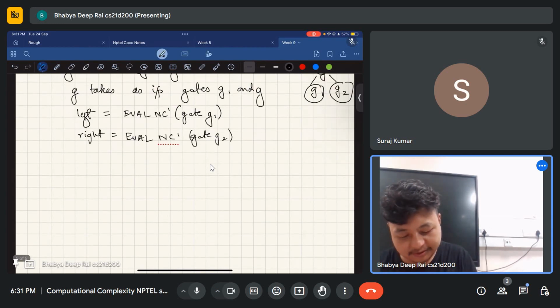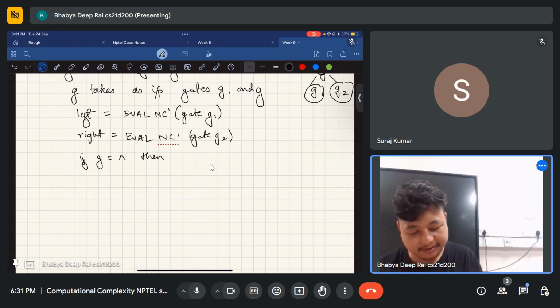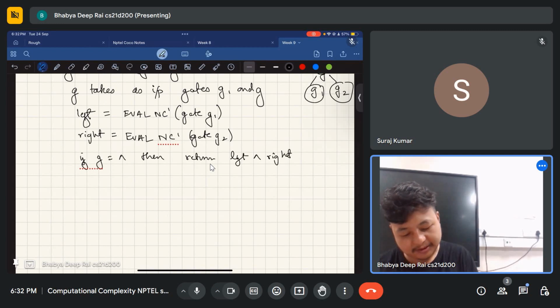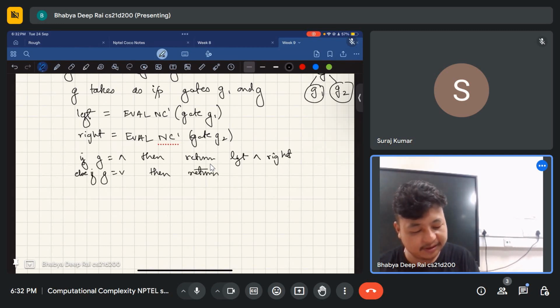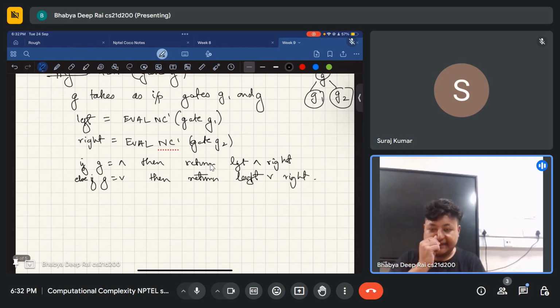Now, if g is an AND gate, then return left and right. Else if g is an OR gate, then return left or right. This is fine. Is it fine?